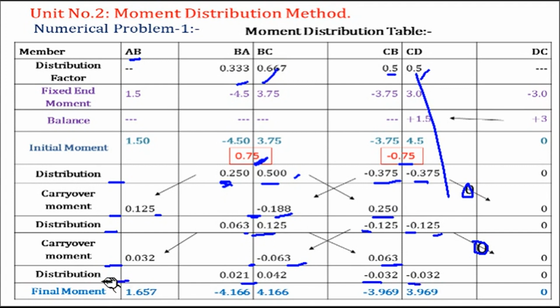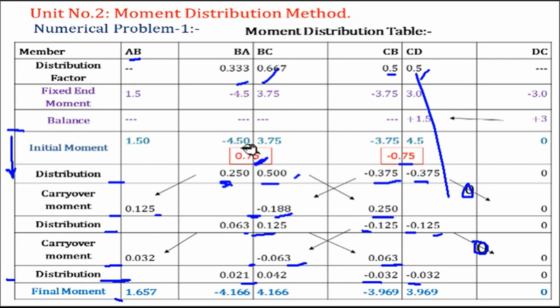After this distribution you have to add the initial moment, all these moments from initial moment up to the distribution moment, all moments you have to add, you will get final moment. Okay, so find out final moment: 1.50 plus 0.125 plus 0.032, we have plus 1.657.